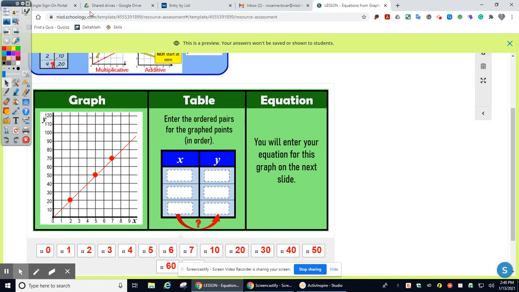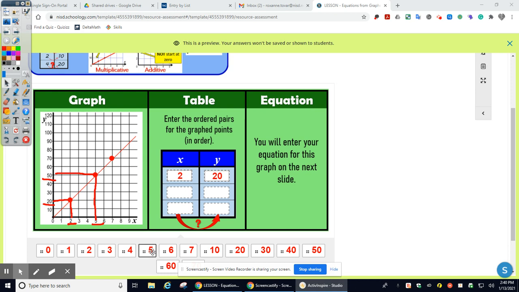All right, let's look at this again. Again, we're going to follow the dots in order. So here we have our x, which is 2, and our y, which is 20. So the first thing we're going to fill in is 2 and 20. Then we're going to go to the next dot that we see, and x is 5, and y is 50.